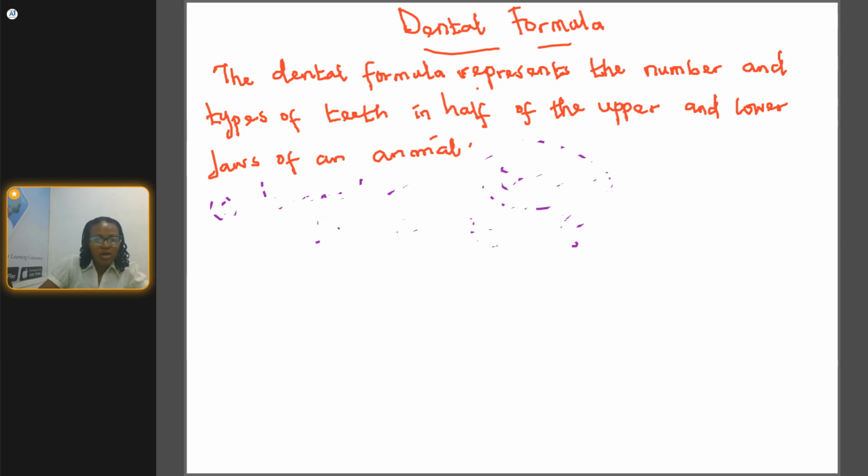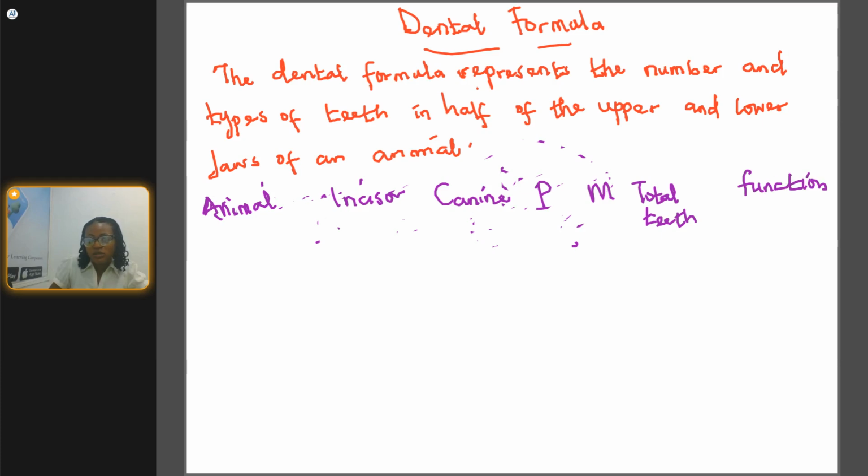So we have animal, we have the incisor, we have the canine, okay, we have the premolar, we have the molar, we have the total teeth, okay, and we have their function or how they adapt.